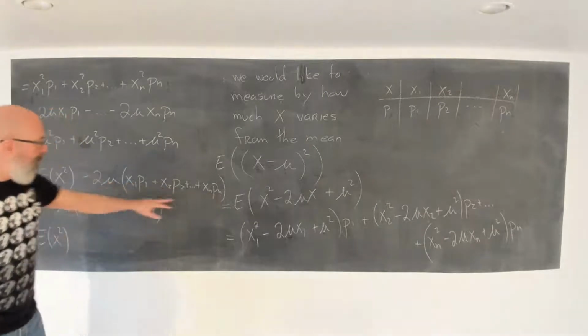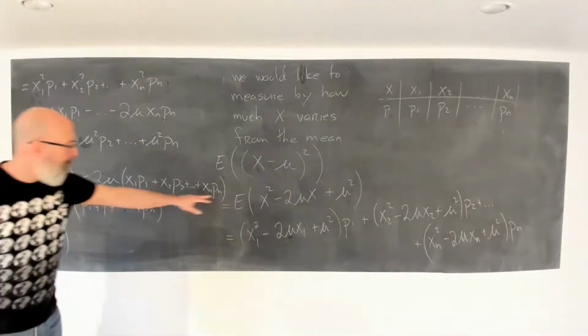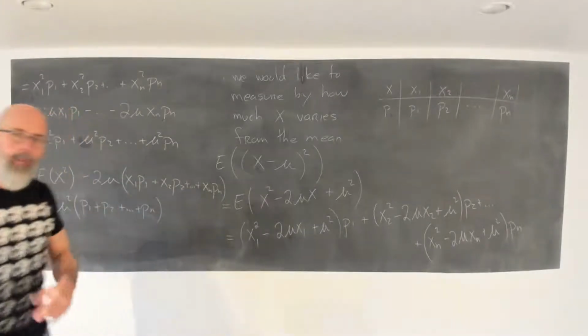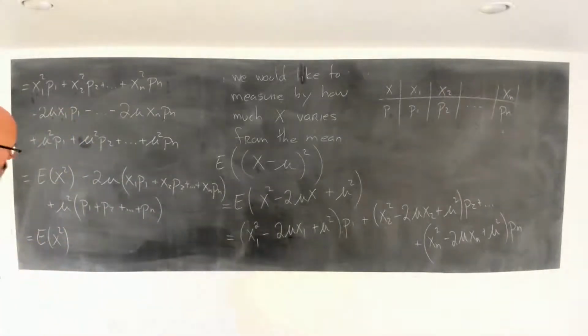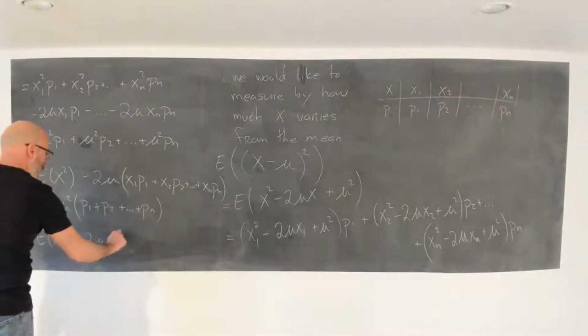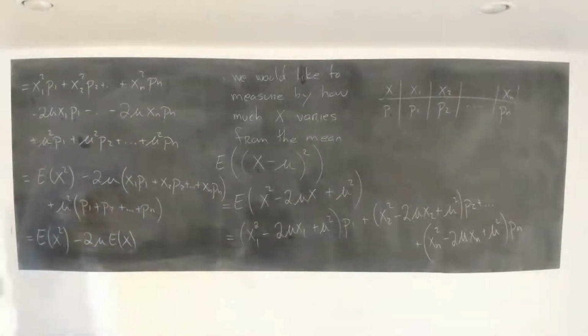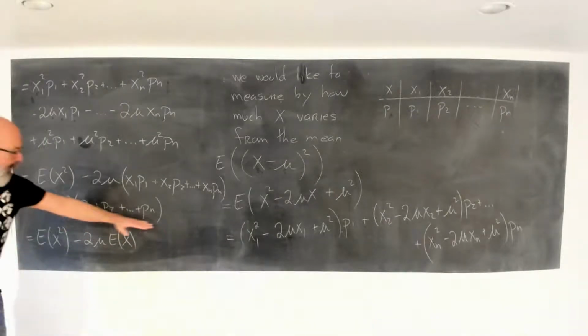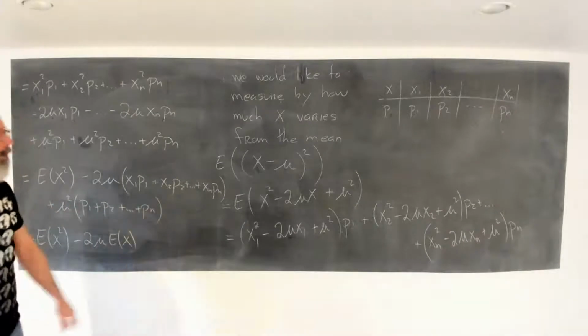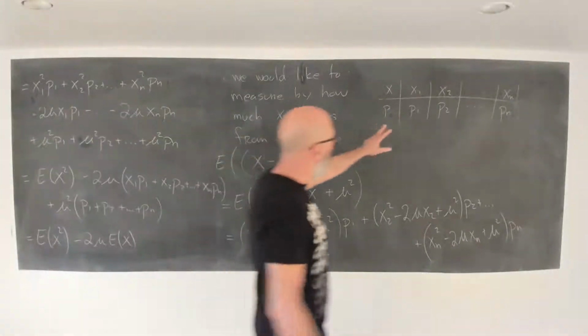Let's take a step back. What is this in the brackets here? x1 p1 plus x2 p2 all the way to xn pn. Well, that's the expected value. So that is 2 mu times the expected value of x. And here in this bracket, p1 plus p2 all the way to pn, well, this is a probability distribution.